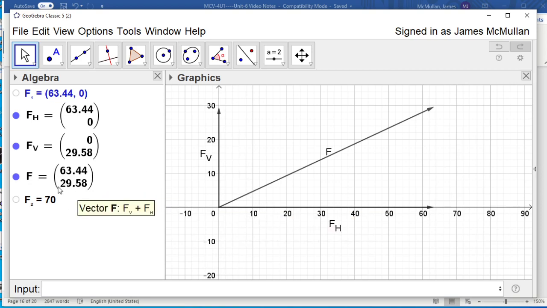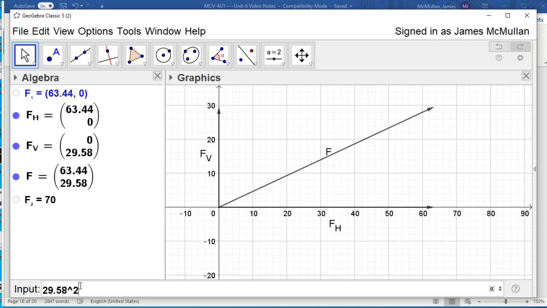Okay, so 29.58 newtons are lifting the sled, or trying to lift the sled, and 63.4 newtons are pulling the sled horizontally. Notice that the two components do not add up to the same number that the force did, right? Because they don't have that relationship. They have the relationship a squared plus b squared equals c squared.